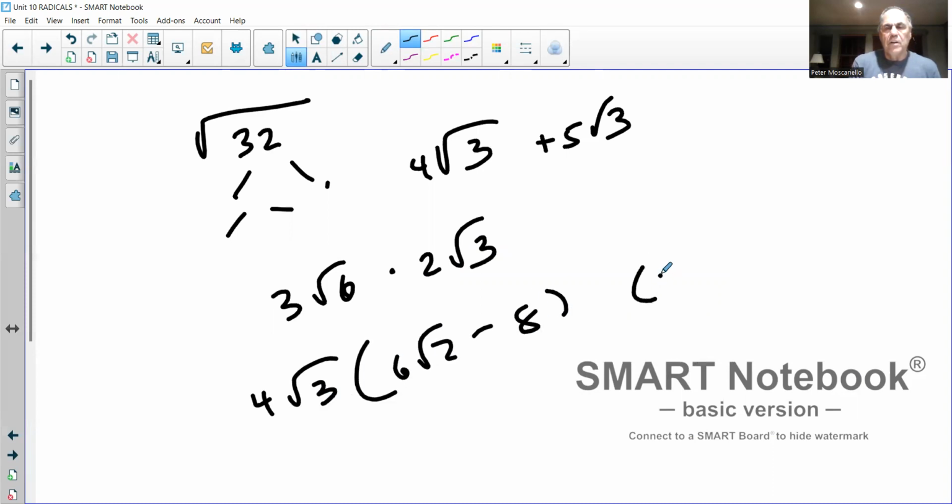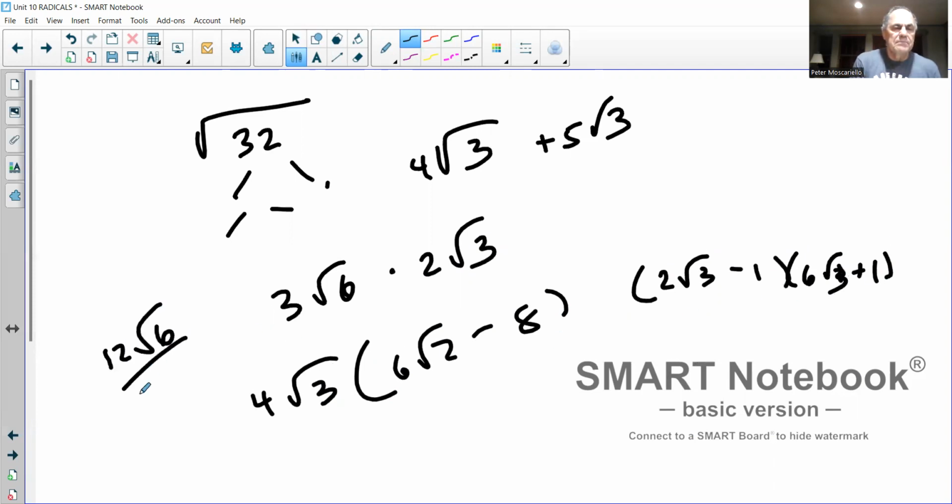We have foiled them or double distributed them. We've divided them. Wow, so we've done all that, but all of those are operations: simplifying, adding, subtracting, multiplying, distributing, dividing. Those are all operations where we just get an answer like 3 root 2.